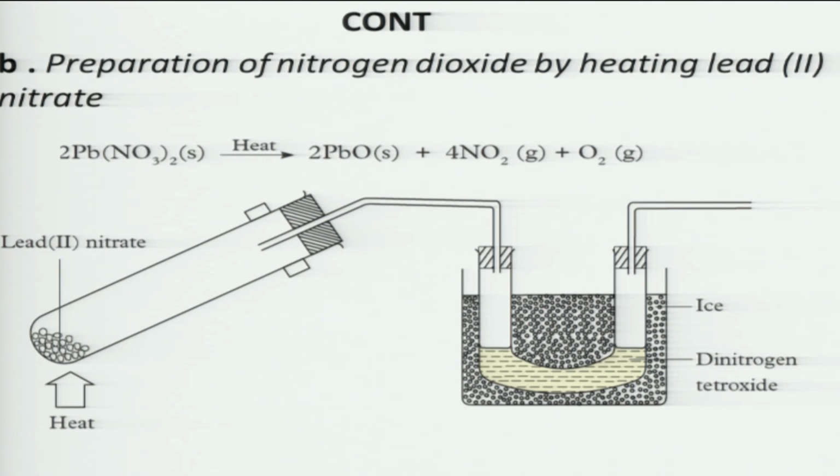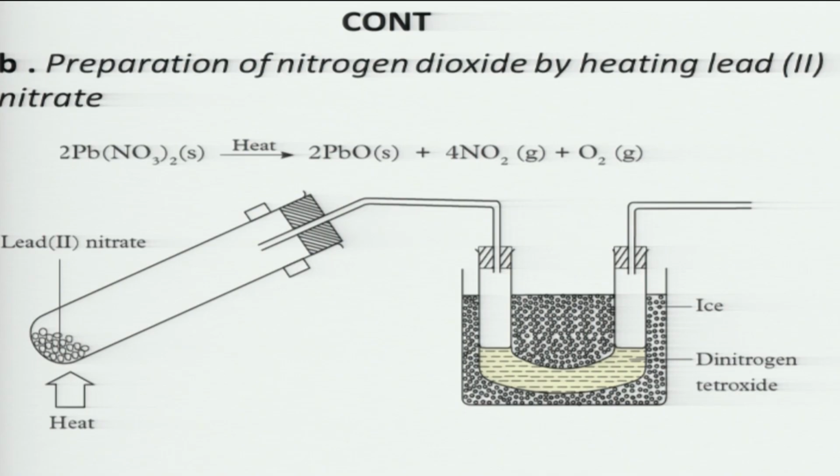So there are two gases formed there, nitrogen dioxide and oxygen gas. All right? So this gas is cooled by using ice and salt. As you cool it, oxygen is just given off or collected over water because oxygen is insoluble in water. So this nitrogen dioxide is cooled by ice and salt.